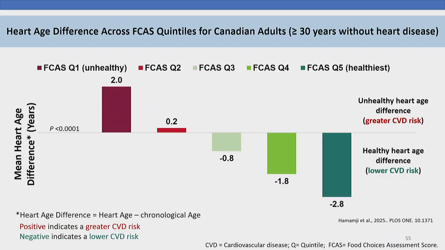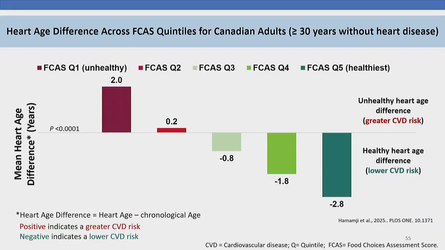And we also saw that the group with a low score, who are not following Canada's Food Guide, have a heart age, meaning the biological age that represents how their heart is at risk of developing cardiovascular disease, that is 2 years older than their actual age.